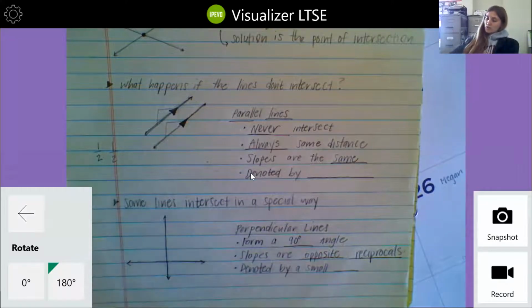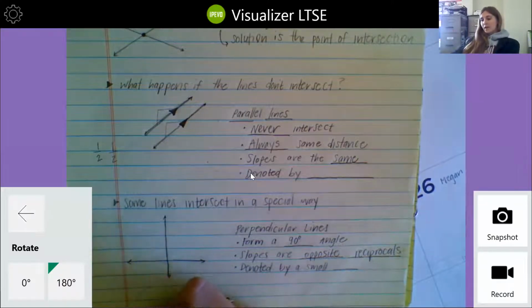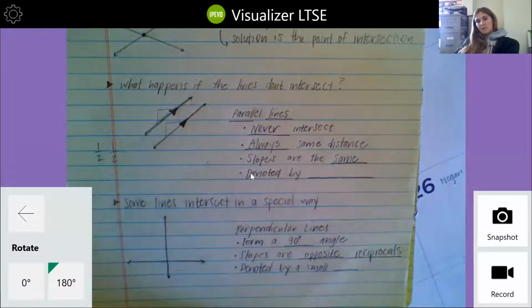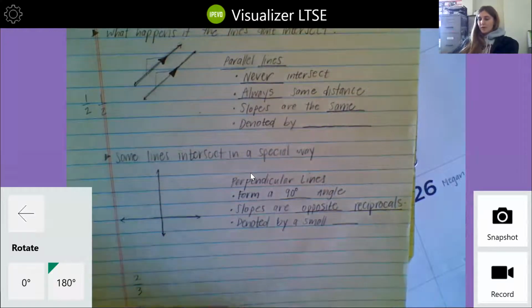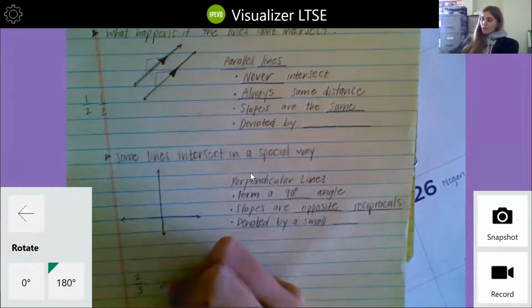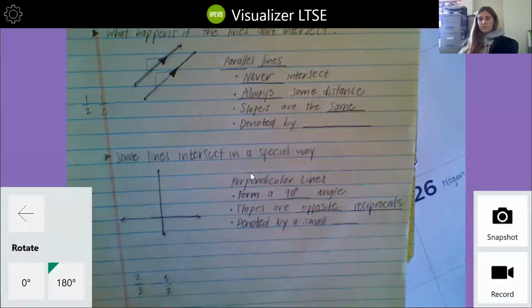So if the slope of one perpendicular line is 2/3, then the opposite reciprocal would be -3/2, okay?